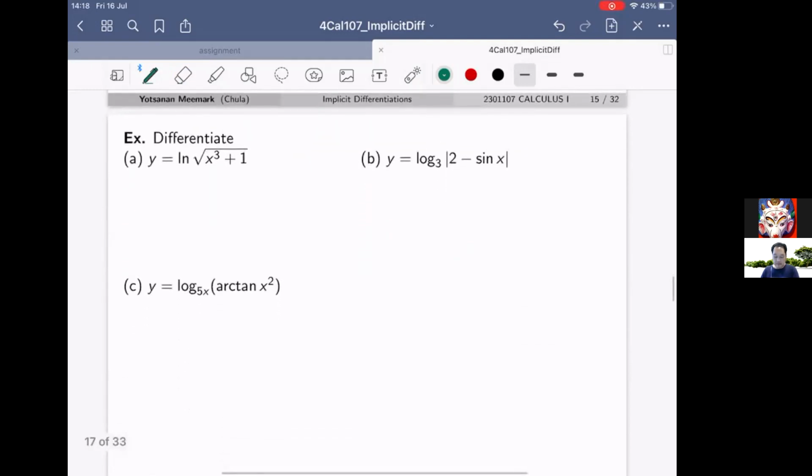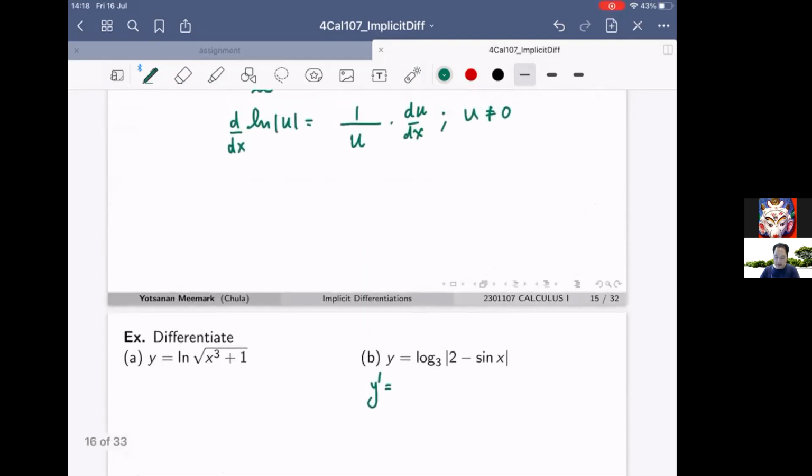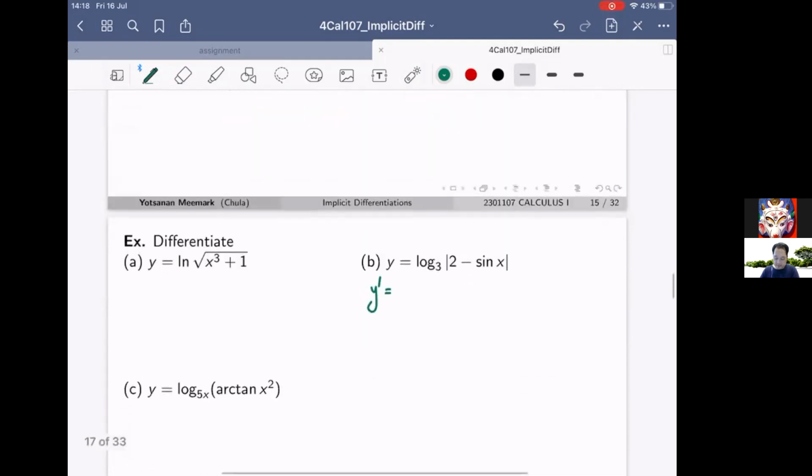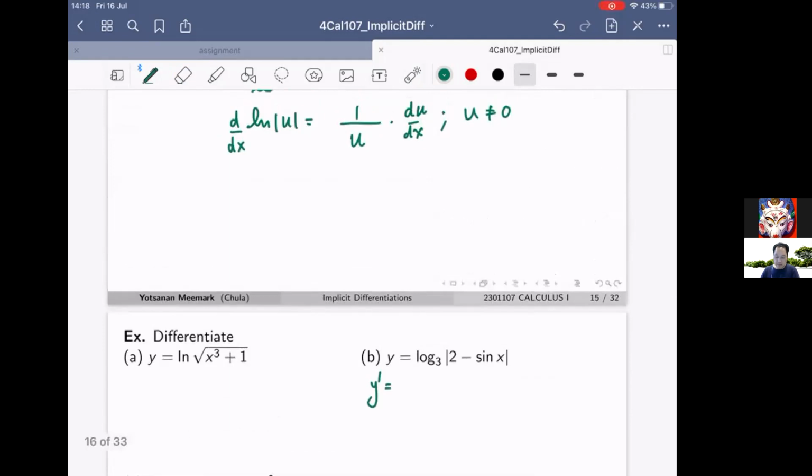Now, to find this kind of derivative, let us look at this one first. For the b, your y prime almost looks like this one. However, sometimes we may need to manipulate a little bit. Actually, the derivative of log of the absolute value of u base a is 1 over u log of a, and then du by dx as well, if your u is not 0.